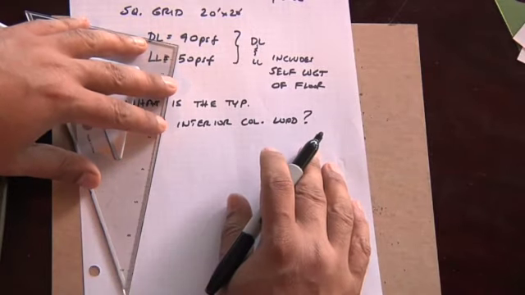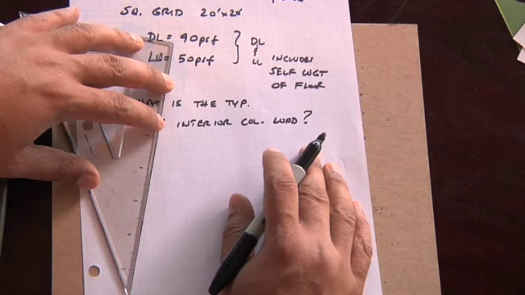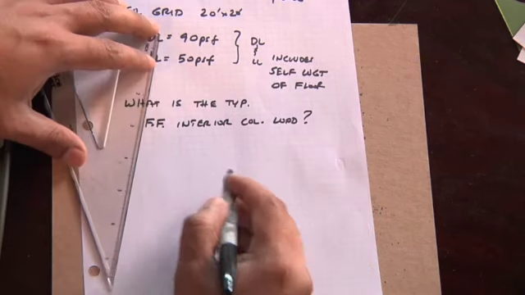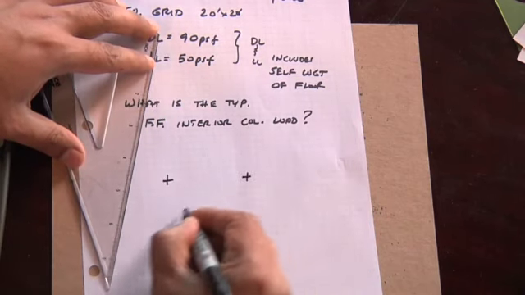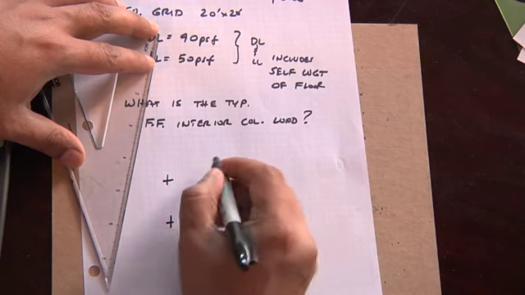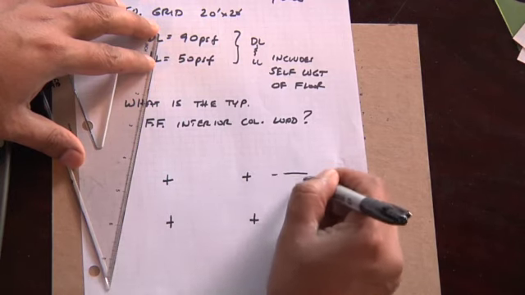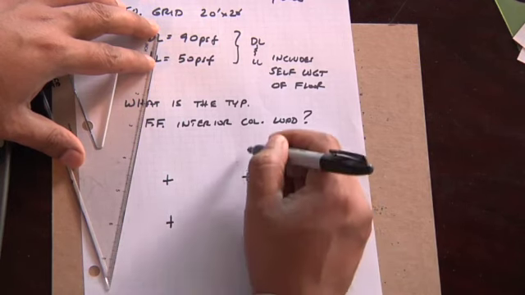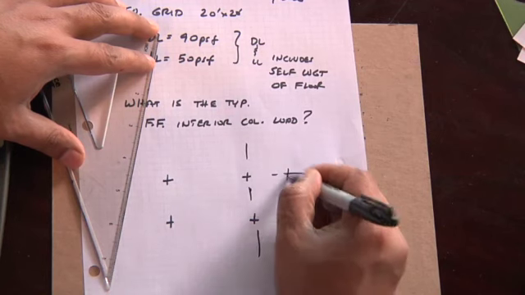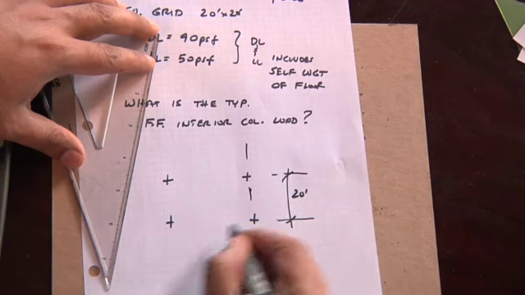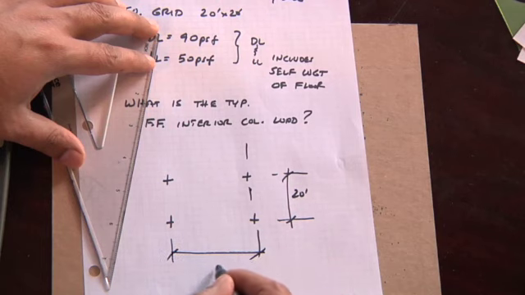What we have is a floor system with a series of columns separated on a 20-foot by 20-foot grid. That means that the spacing column to column is 20 feet.